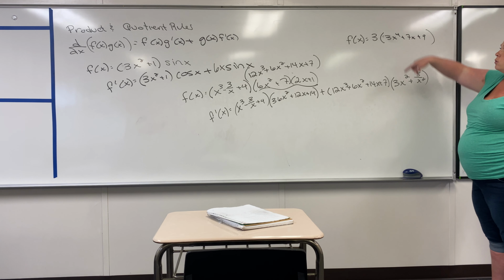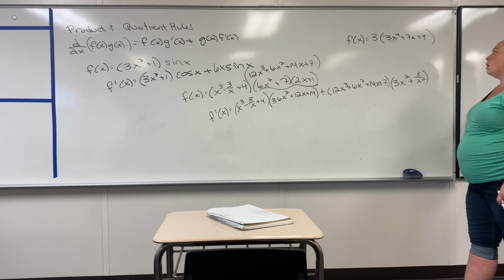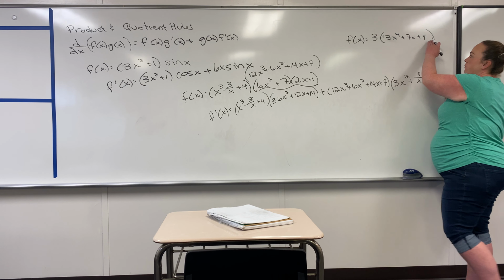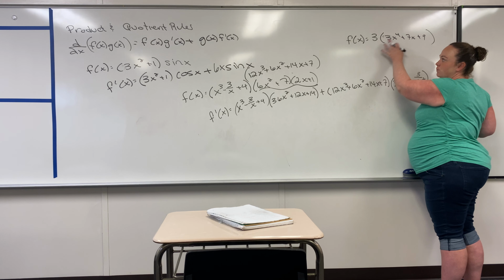You don't do product rule with things like this. You could distribute the 3 if you wanted to. I might. But you don't do product rule when you have constants involved, okay? You take the derivative of this and throw the 3 in front, because it's just a constant.